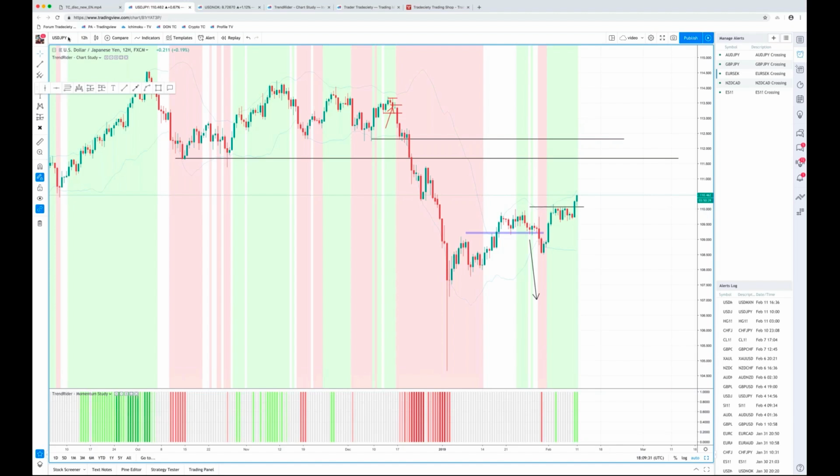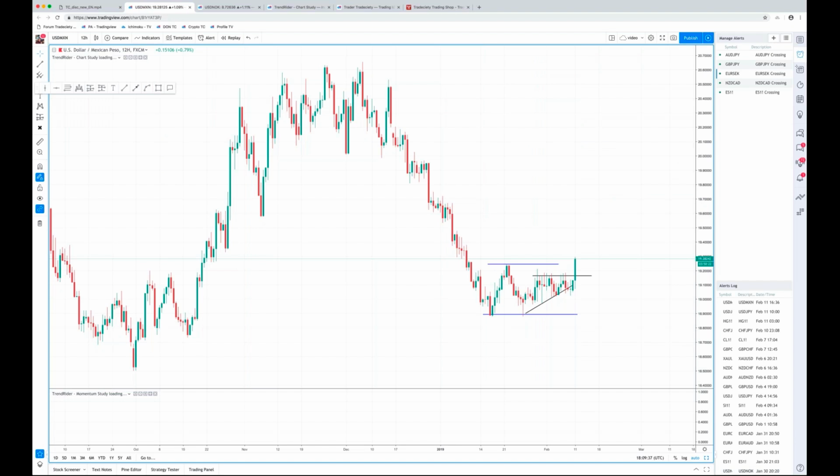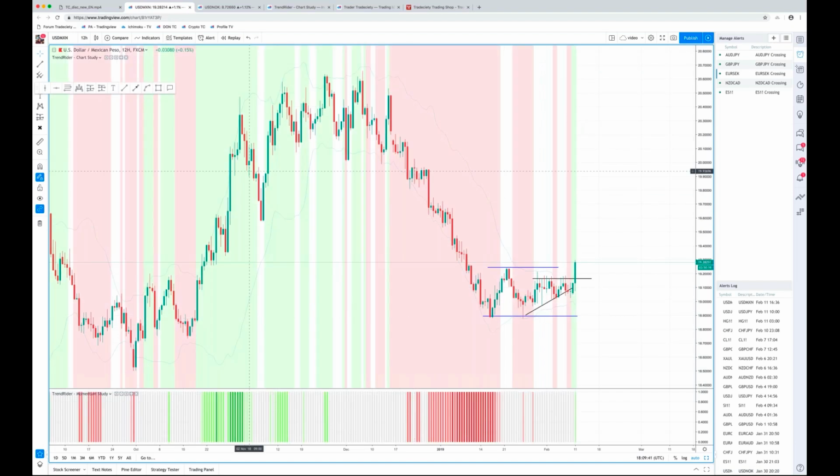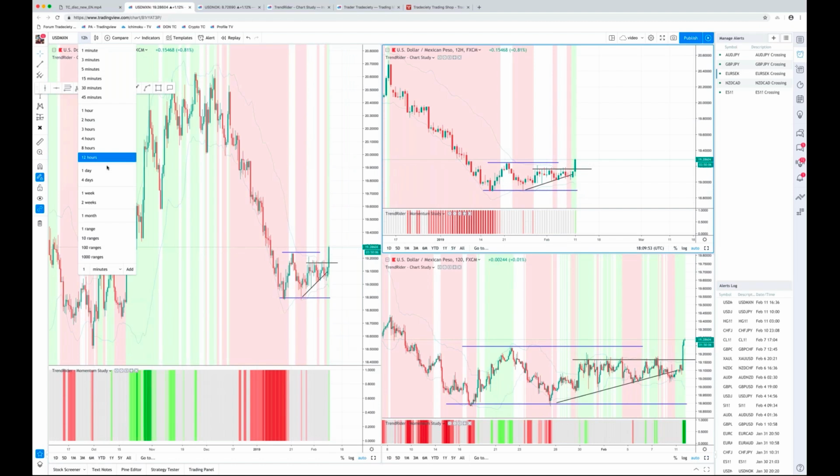So there are many questions about the US dollar Mexican. First of all, what time frame do we use? This is a very important concept, obviously, because the time frame you choose determines a lot about how you approach this trade.